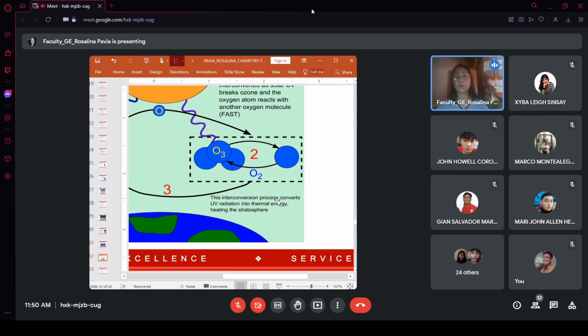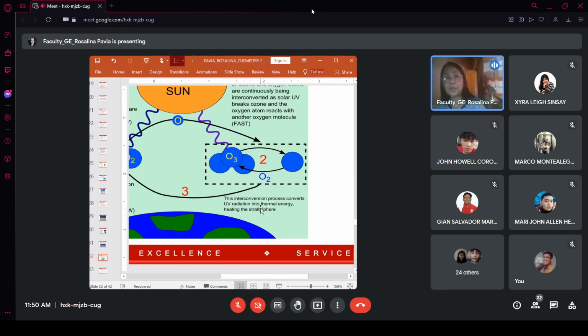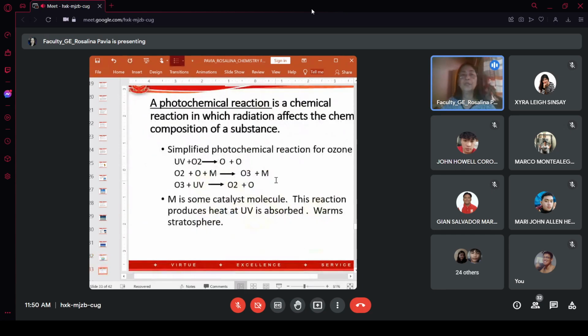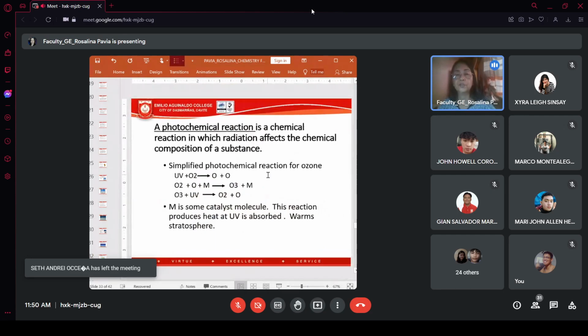The interconversion process nagpo-produce ng heat energy because of the UV radiation. So ito na yung photochemical reaction. Do you follow? Okay? Ito yung reaction that happens.